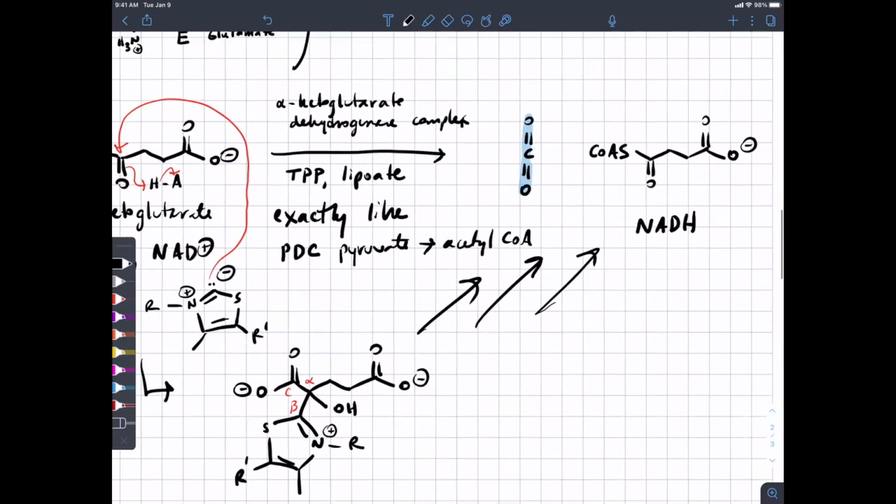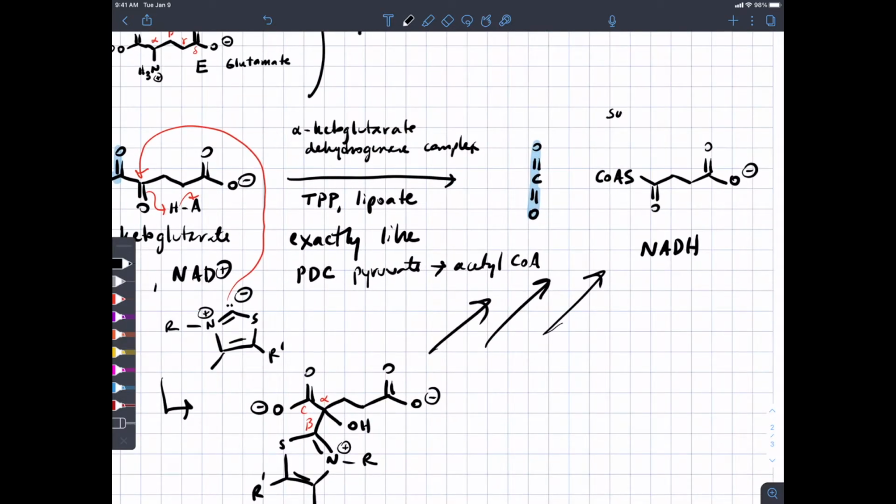All right. This molecule here is called succinyl-CoA. And succinic acid is a diacid that's 4 carbons long. This is a thioester. And now we've lost our second equivalent of CO2. So goal 1 has been accomplished.